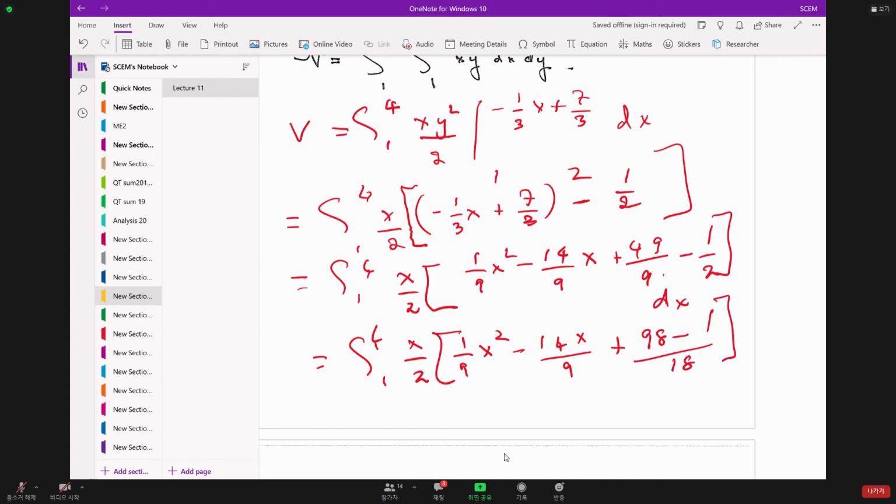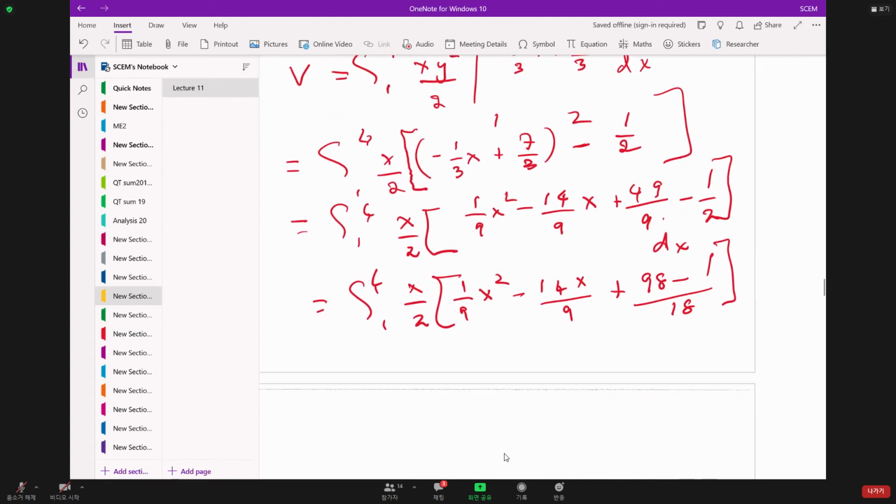The common factor is 18 here, so you have dx here. So that's equal to the integral from 1 to 4 of x by 2, 1 by 9 x squared minus 14x by 9 plus 97 by 18.